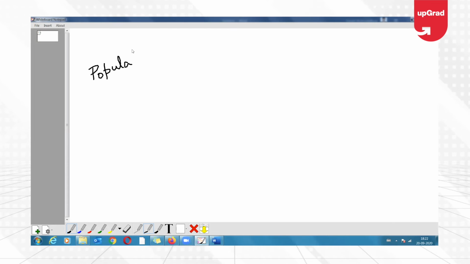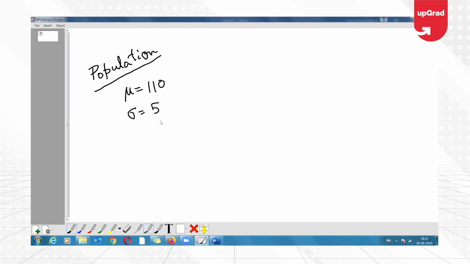So let's write down the problem. For the population, we have mu, the national average, of 110. Sigma is 5. As far as the sample is concerned, we know that n is equal to 50 and x bar is equal to 120.